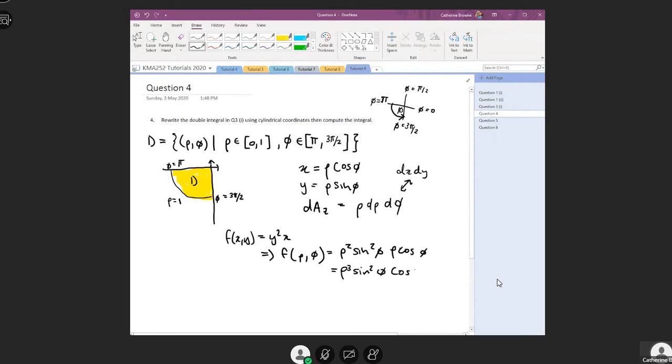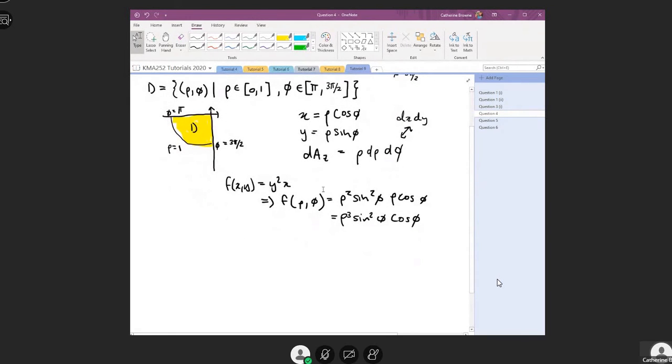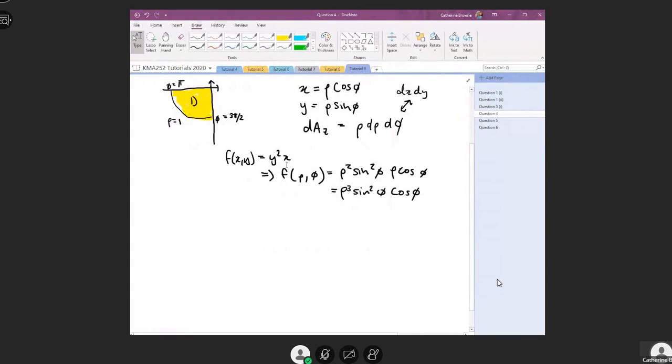In my case, I'm just going to leave that as is, but sometimes it is useful to use double angle formulas and the like to make integrating easier. So now we have the integral. We've got phi going from pi to 3 pi on 2, and then rho going from 0 to 1.